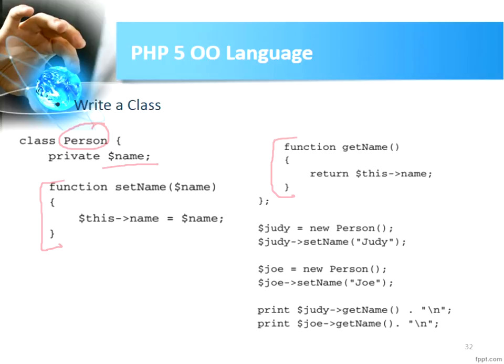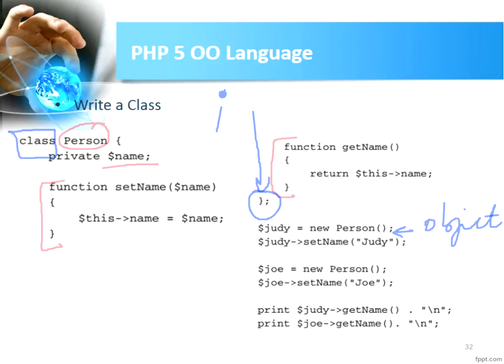I have one attribute name and a function setName, and another function. Here in PHP, when I define a class, I use the predefined keyword class, and at the end of the class I have to write a semicolon.